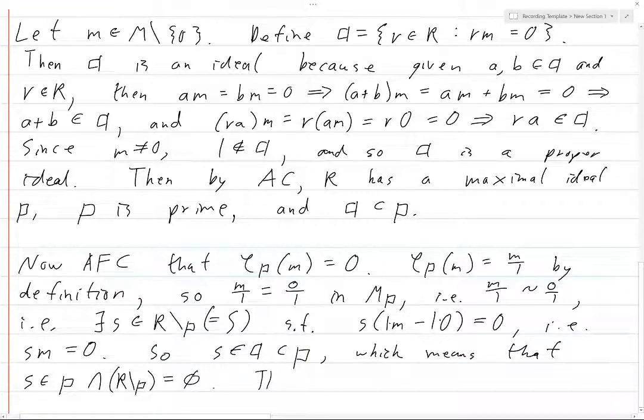So s is an element of the empty set, but the empty set does not have elements because it's empty. So this is a contradiction.